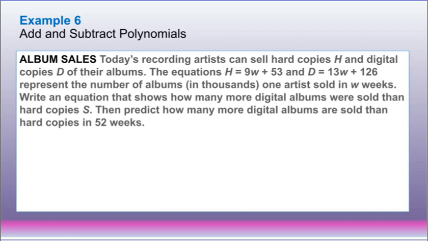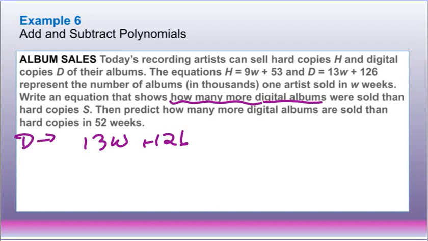So it says we are finding how many more. That means we are subtracting. So what are we subtracting? Digital. The digital was 35W plus 126, and we're going to be subtracting from that hard copies.